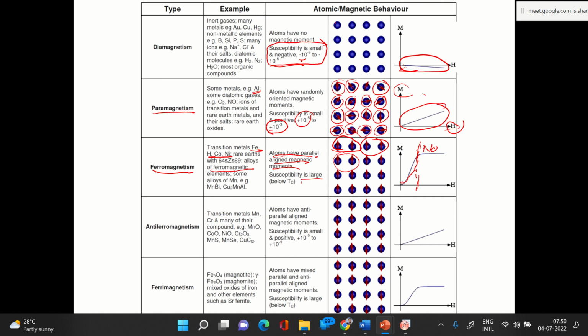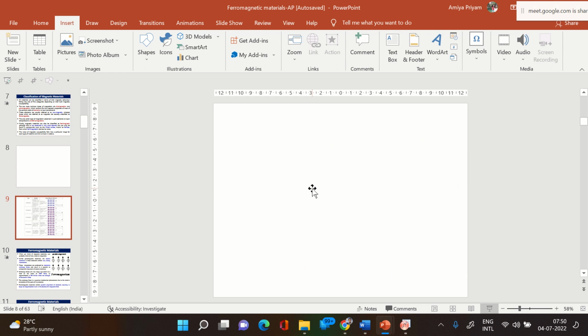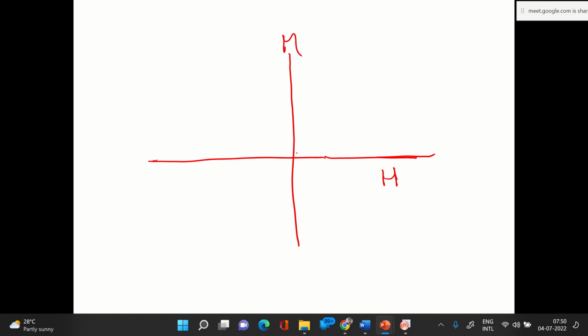And in fact we will see later that in the reverse direction it will give you a curve. If I can draw this in a more elaborate manner, then you will have M versus H for a ferromagnetic material. Initially it will go like this.